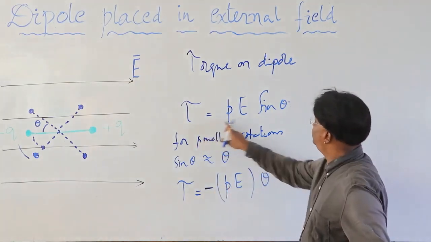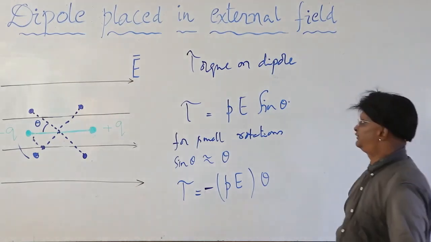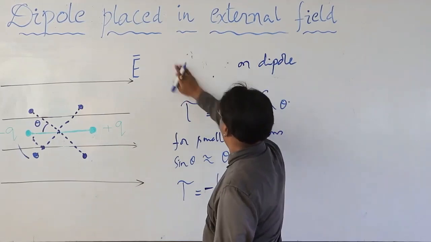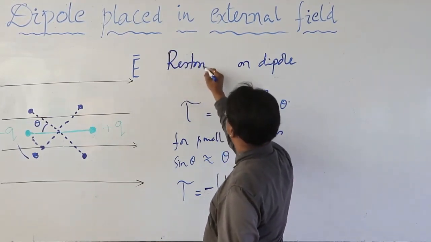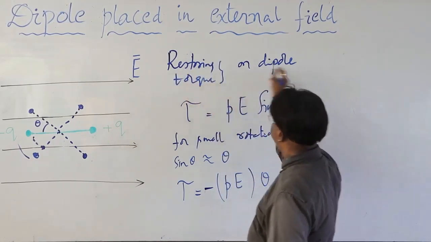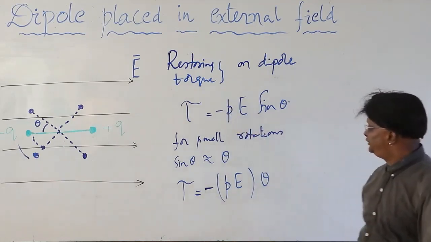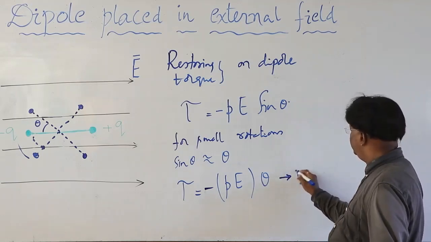Now you can say tau is equal to PE sin theta is the restoring torque, and that is why I am writing it here in the very beginning: restoring torque on dipole. So, along with the negative sign, tau is equal to minus PE times theta. I call it equation 1.